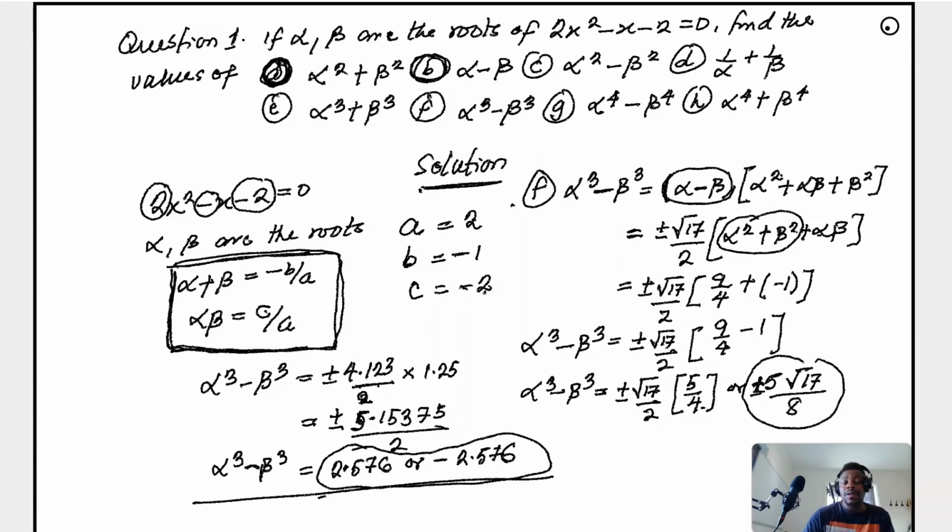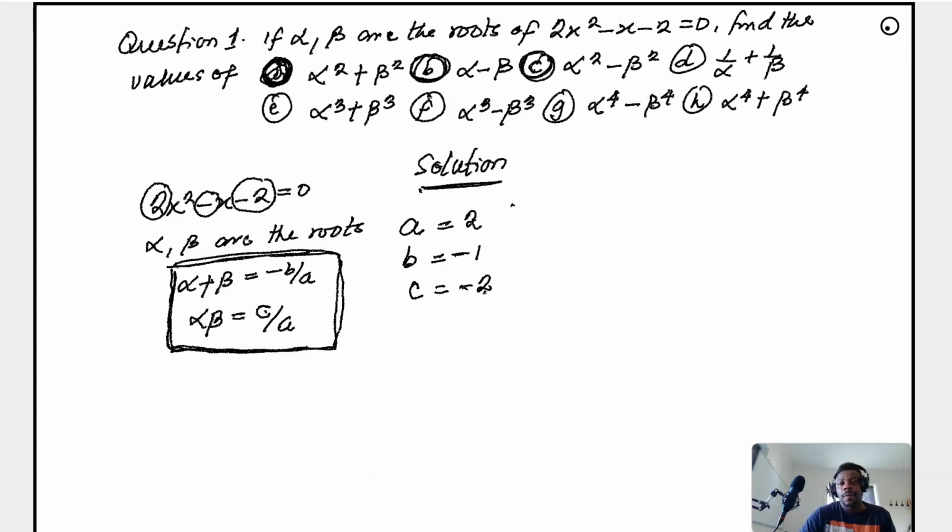So it depends on the options that you have. Okay? But if it is a theoretical question, I will leave it with 2.576 or minus 2.576. But if it is an objective, they might just leave it as plus or minus 5 roots 17 over 8.